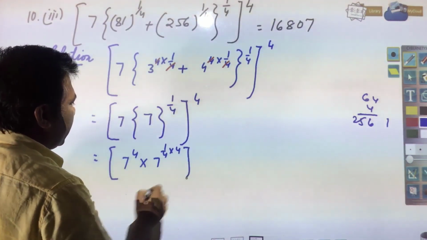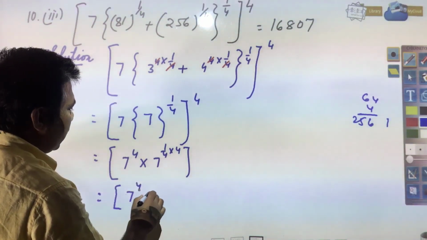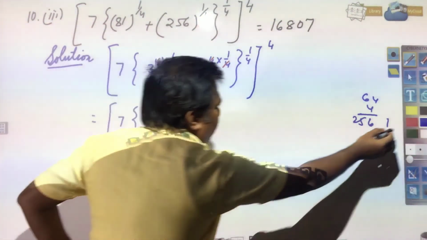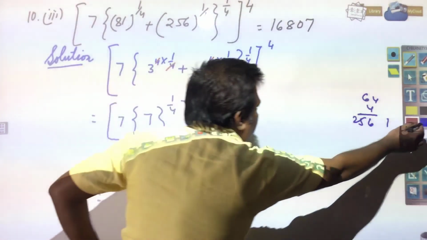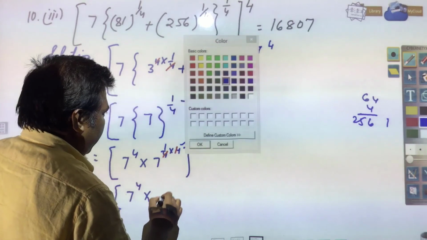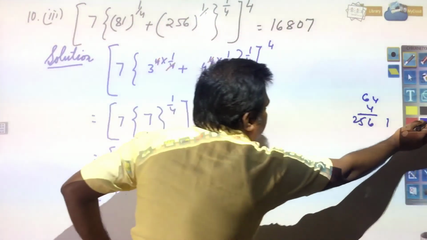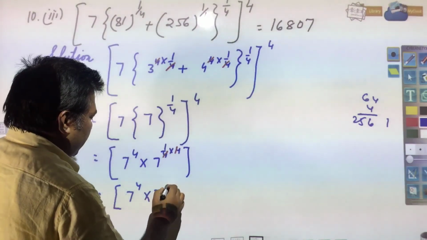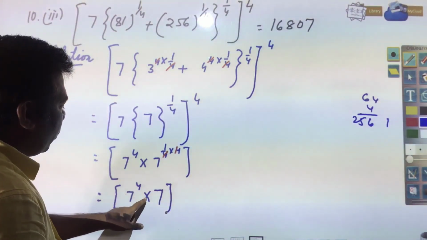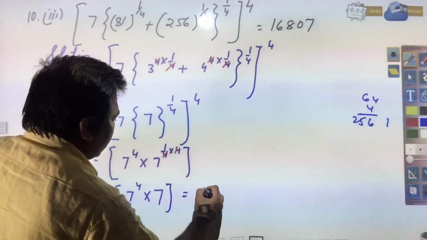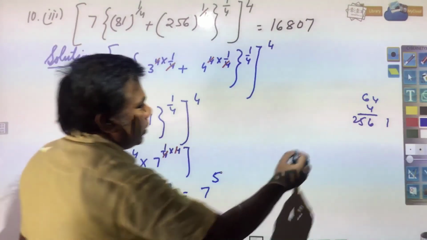So, this can be written as 7 to the power 4 into this 4 and 4 will be cancelled and you are left with only 7. So, this will be 7 to the power 4 into 7 and that is equal to 7 to the power 5.